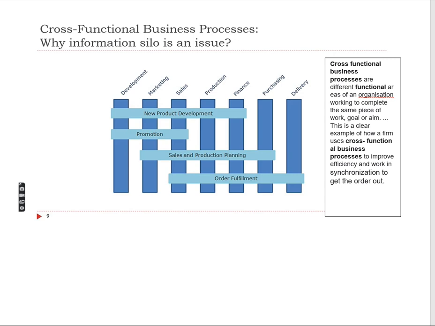So, an integration by putting your processes in a cross functional situation, you now have, see these separate departments? I'm not going to name them all. You can see them: purchasing, delivery, production, sales, etc. Certain ones absolutely have to talk to each other.